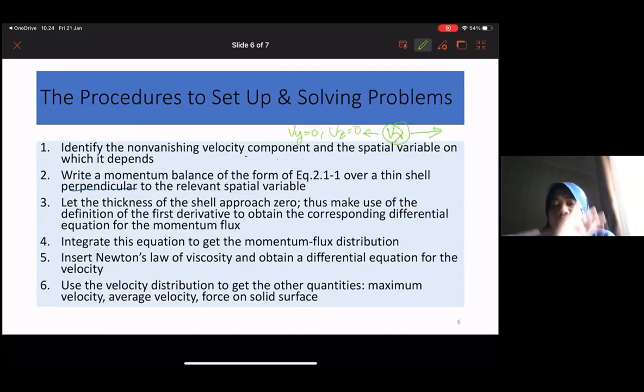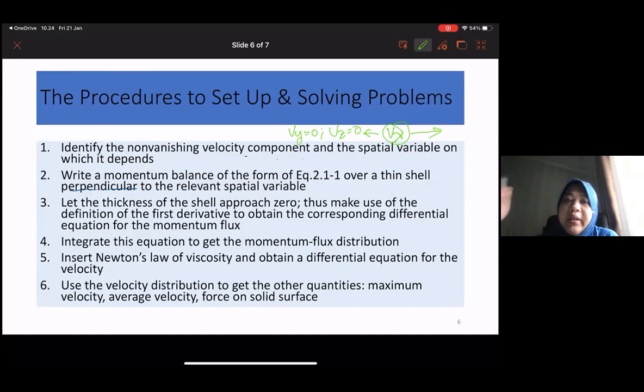So of the 9 equations I wrote previously, some of them can be cancelled out because the velocity is 0.